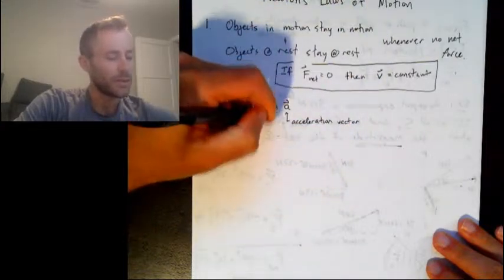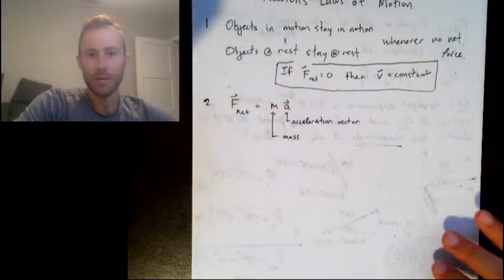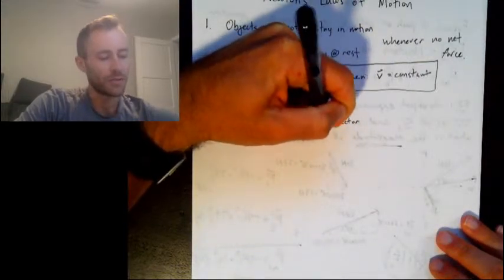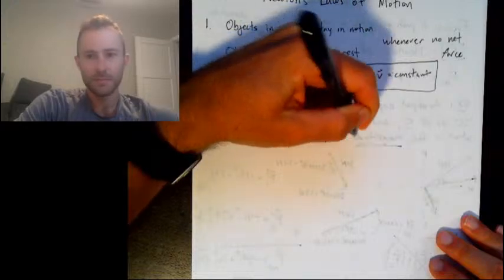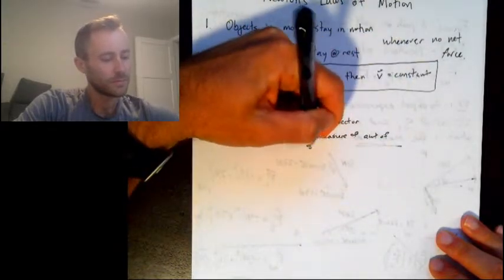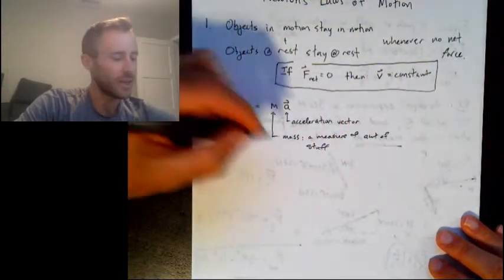And this is the mass. Mass is, of course, a measure of the amount of stuff. Okay. It is a scalar.